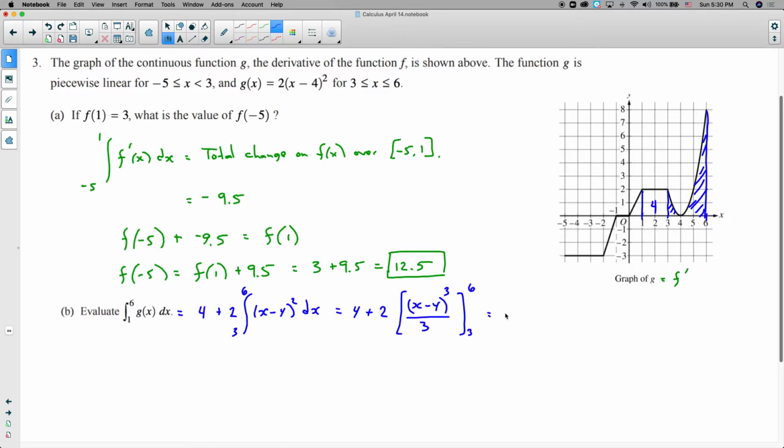So this is 4 plus, and then let's drop in some values. When we drop in 6, we get 8/3 times 2, that's 16/3. Then we subtract from that whatever happens when we drop in 3, which is -2/3.